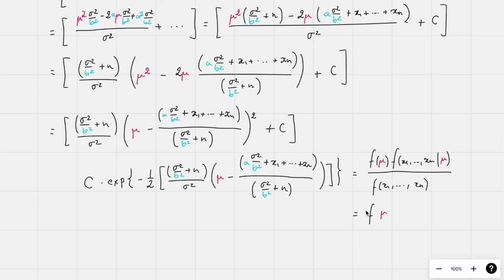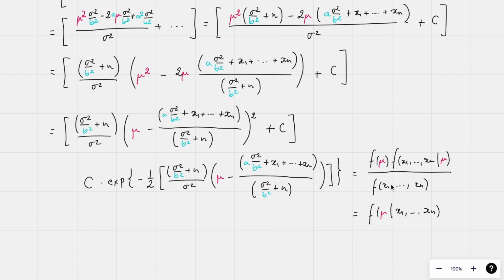So given x1 till xn. It's important to observe that this is a probability density function, so the integral, the sum of it, has to be equal to 1 because this is a probability. In that sense, the denominator here is a constant.